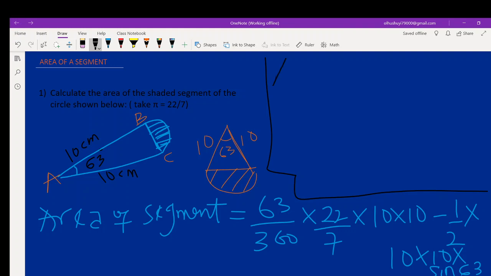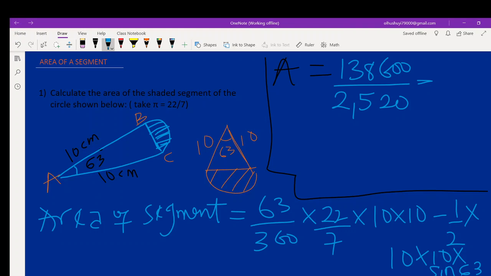I note the area of the segment to be A. I have 63 times 22 times 100, which is 138,600, divided by 360 times 7, which is 2,520, and minus half of this.